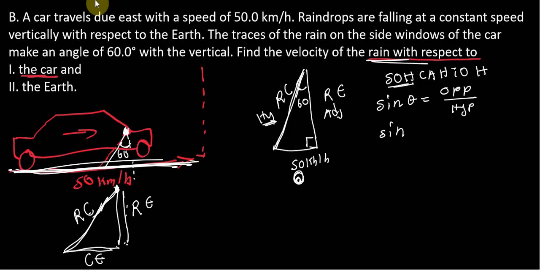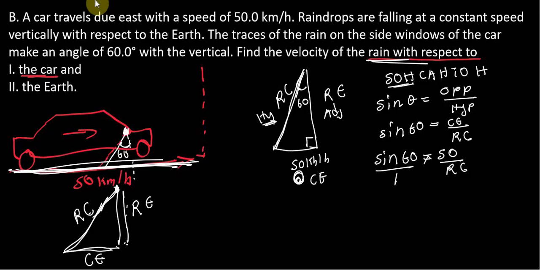So sine what? 60. What's the opposite? The opposite side, this side, it is the car respect to the earth. So it is the car respect to the earth over. What is hypotenuse? It is the rain respect to the car. So now let's substitute, which is sine 60 equal to car respect to the earth. What is there? It is 50 over RC, rain respect to the car.